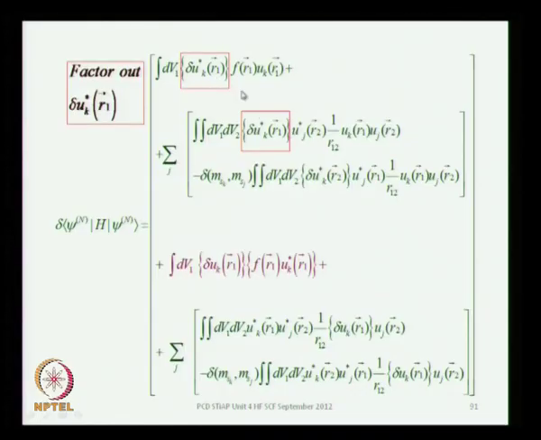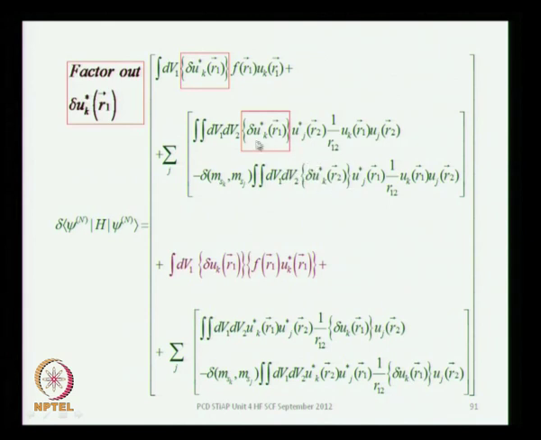Over here you have got delta uk star r1 and delta uk star r1 in these two integrands, and this one comes already before the operator. So, this operator is not going to affect this part. So, you can extract delta uk star r1 as common in this term and this term, you can factor it out. Now, can you pull it out of this term?